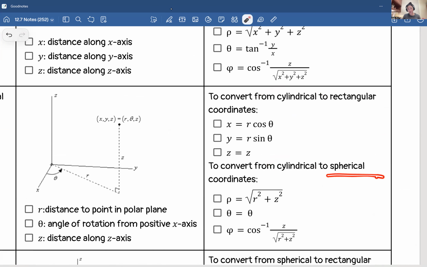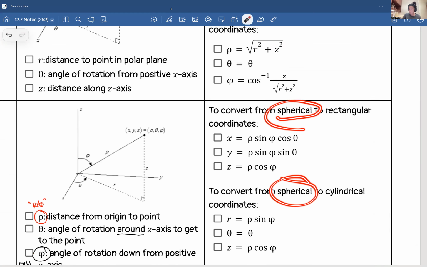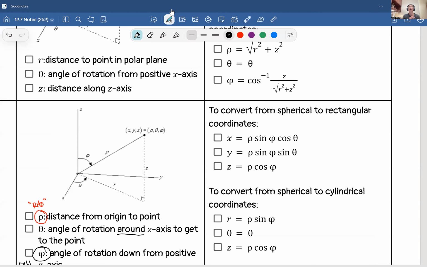How do you get to spherical? And if you're starting in spherical, how do you get to rectangular and how do you get to cylindrical? Okay, so knowing these conversions will be really helpful, but we're also going to get a chance to practice all the algebra that goes into converting things, sort of being clever so we can make some of these conversions pop out even when it seems like it's really algebra heavy.